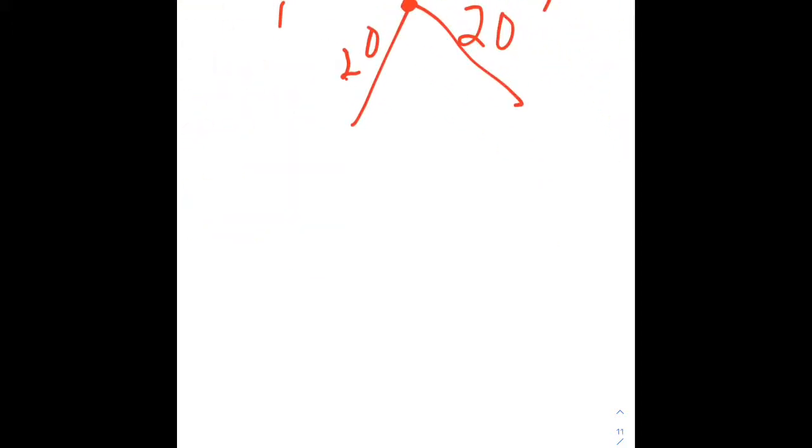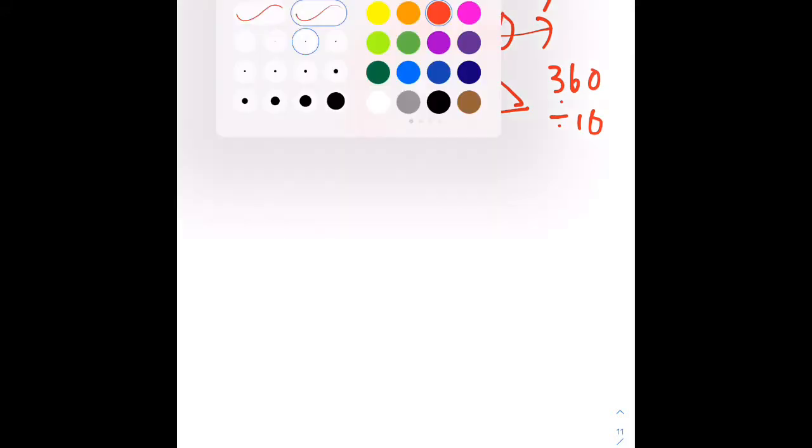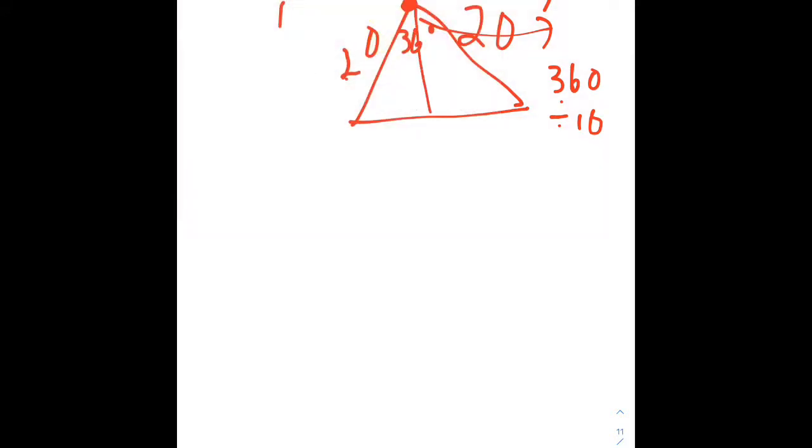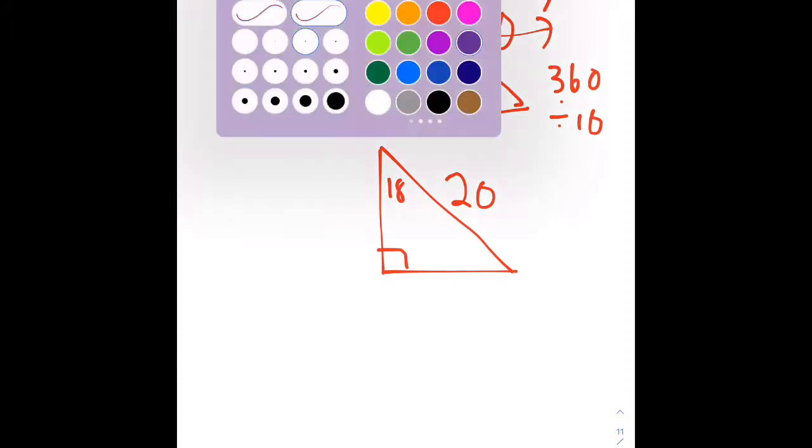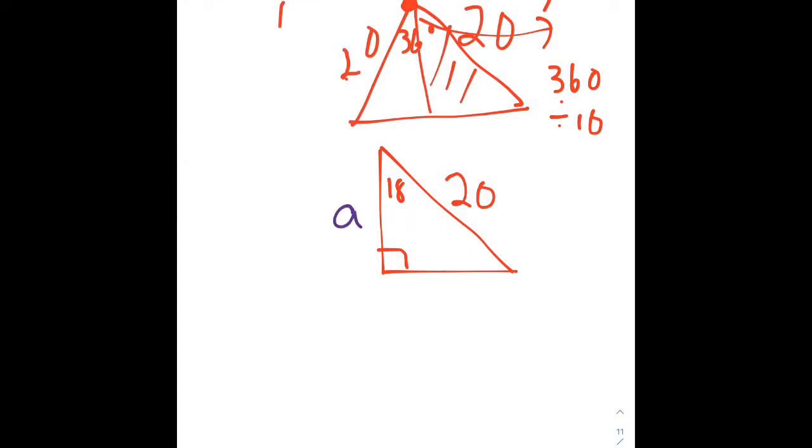So again, if each of the radii is 20, the first thing I have to do is find that angle. Well, there's 10 sides, so I would take 360 divided by 10. So that means this is a 36-degree angle. But then I have to cut it in half. And when I do that, the radius remains 20, and this becomes an 18-degree angle. It doesn't make a difference which one you want to find first, but let's say we want to find the apothem first.